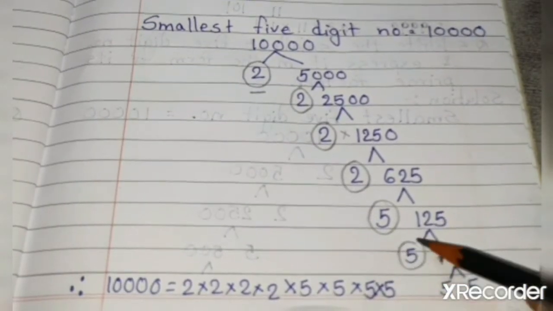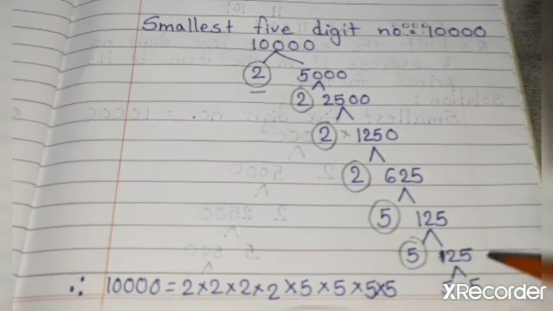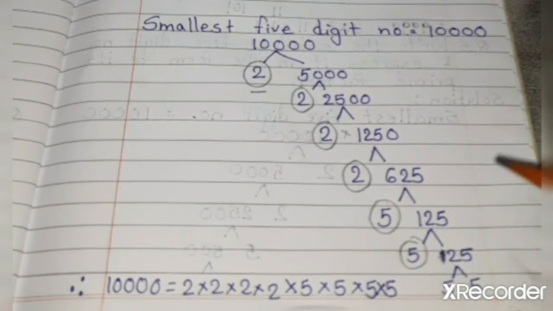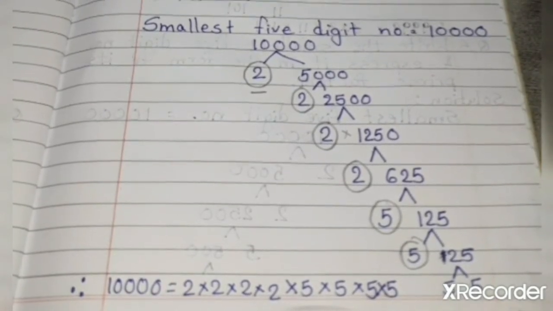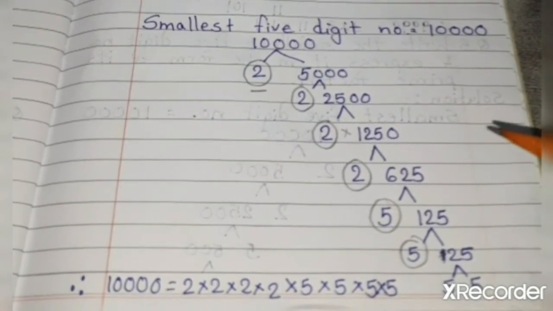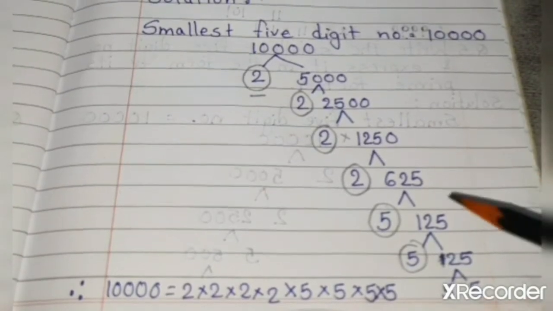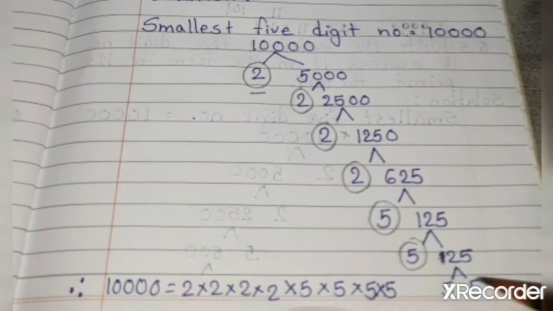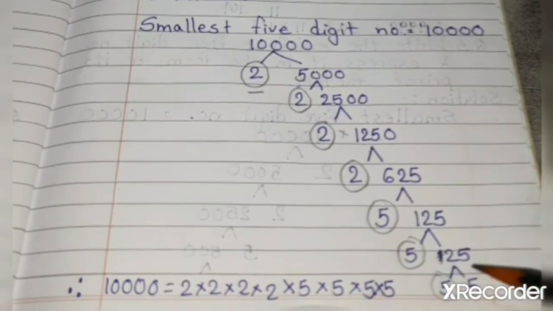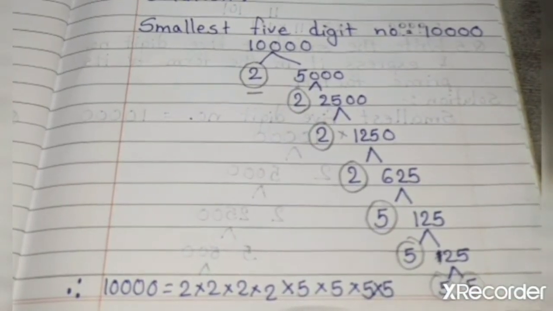So 5 is a prime number. So here we will stop. As you get a prime number, circle it, so there will be no confusion in writing the prime numbers and going further. Then 25. 5 fives are 25.